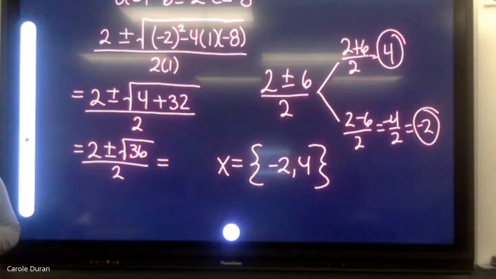Could we do one that doesn't have a perfect square? If you have one that's gonna turn into a decimal, you have to do a factor tree. There are some in the notes that we're going to get to.